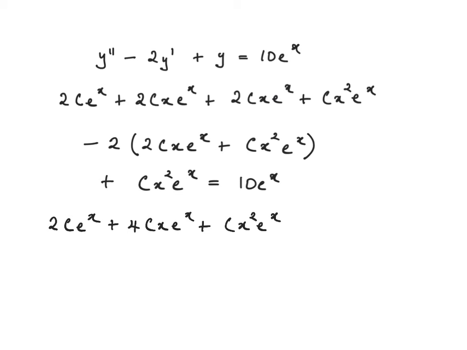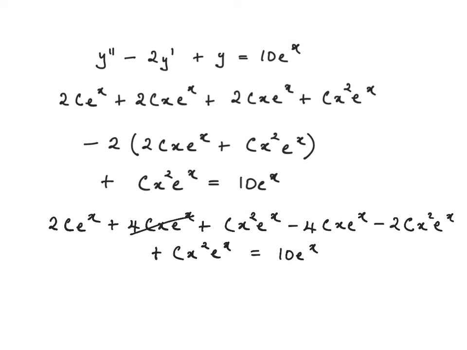On the second line I have minus 4cx e to the x minus 2, so this term cancels out with this term. This plus this, take away this, gives us 0. And we've then got 2c e to the x equals 10 e to the x. 2c equals 10 and c equals 5.